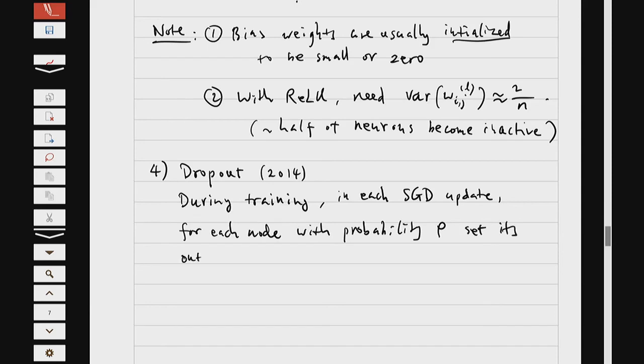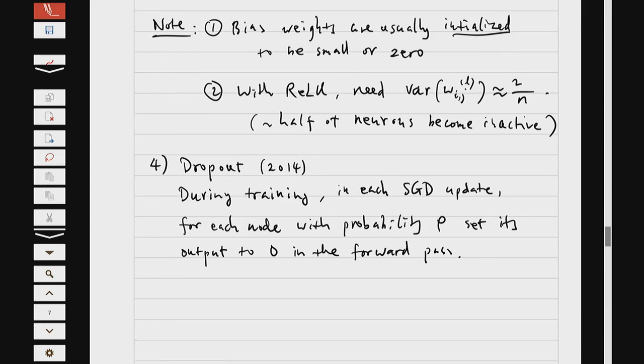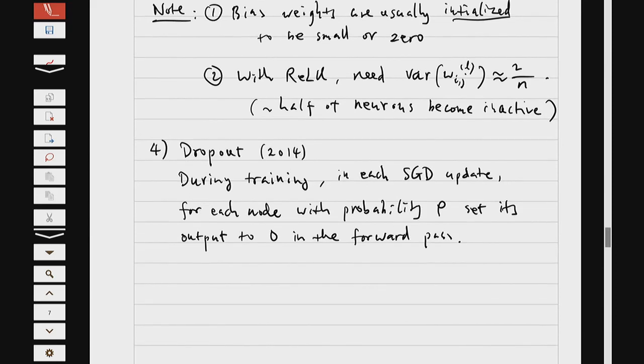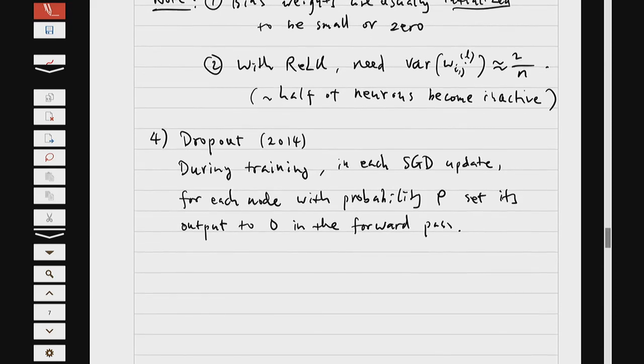So basically, you make it inactive, right? You just don't let it participate. Force it to be quiet in the forward pass. Okay. Again, notice that in the next iteration, you bring them back, but then you inactivate a different set. So all picked by random, with probability rho.